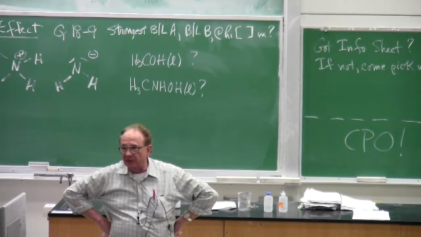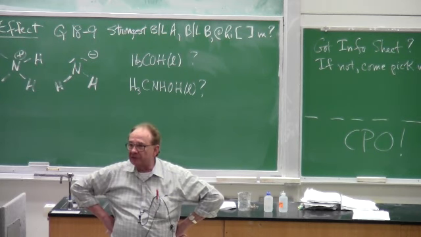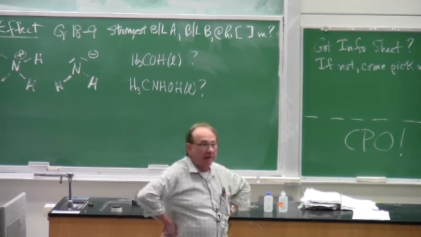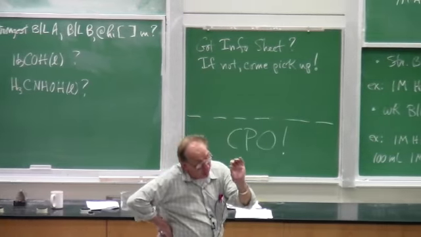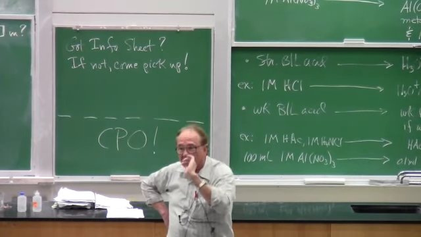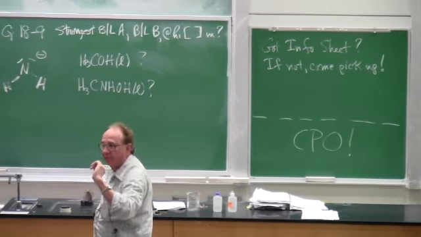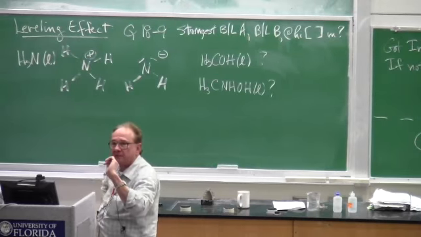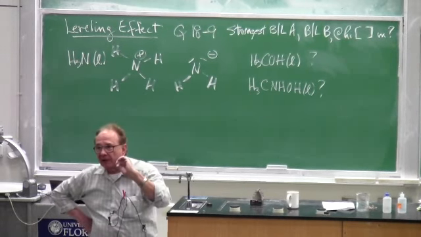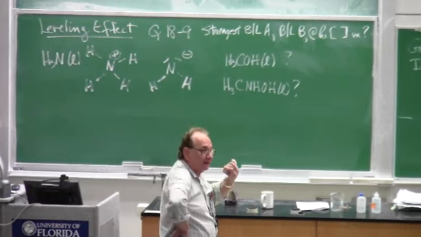On the information sheet, the bases are arranged in order of increasing strength from top to bottom, so the strongest bases are at the bottom of the base column. And the only two bases on our table which are stronger than hydroxide ion are sulfide ion and oxide ion.